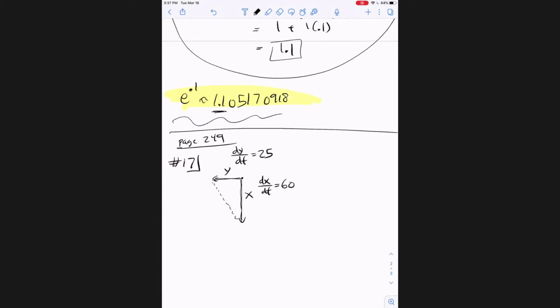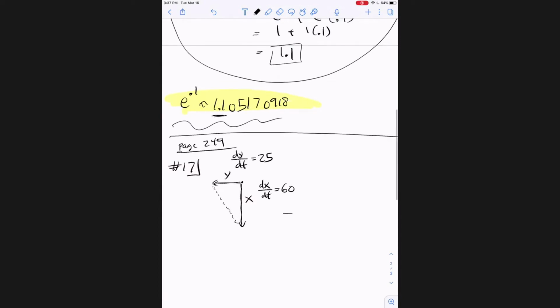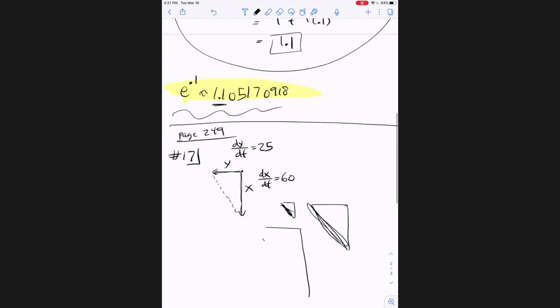So the distance is that dashed line between them. You see how, if you're watching a video, they're getting further and further apart. So this distance is their distance. So as time goes on, their distance gets further and further apart, right? So the question is, exactly 2 hours later, how fast is the distance between them changing?